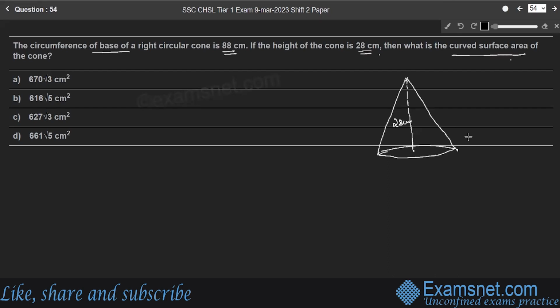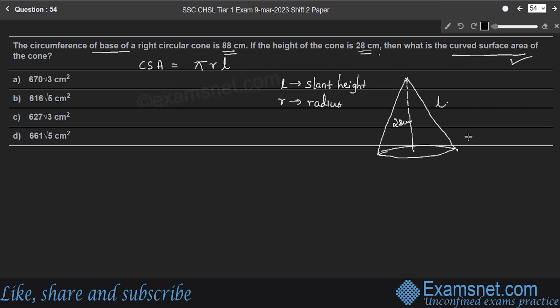We need to find the curved surface area. The formula is curved surface area equals pi into radius into slant height. Here, L is the slant height, this part is called slant height, and R is the radius of the right circular cone.